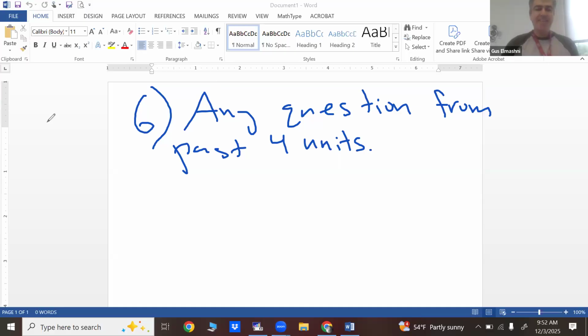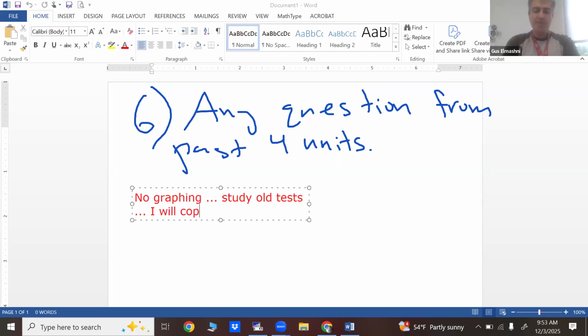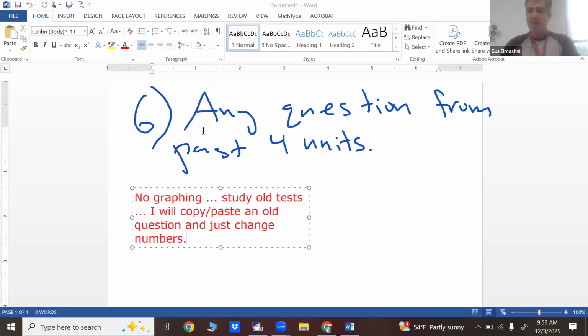There's no graphing. Study old tests. I will copy and paste an old question and just change the numbers. And I'll give you some examples from one of your tests.